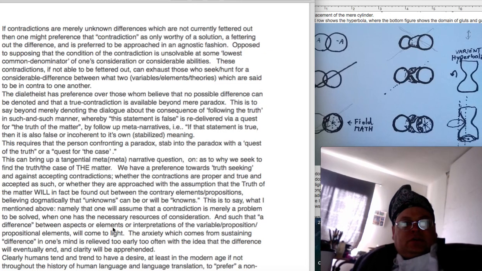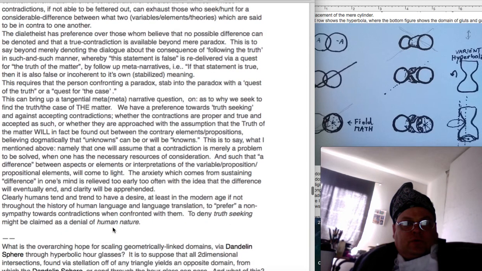This is to say, beyond merely denoting the dialogue about the consequence of following the truth in such and such a manner, whereby this statement is false, is redelivered via a quest for the truth of the matter, by following up meta-narratives, i.e., if the statement is true, then it is also false or incoherent to its own stabilized meaning. This requires that the person confronting a paradox stab into the paradox with a quest for the truth, or a quest for the case.